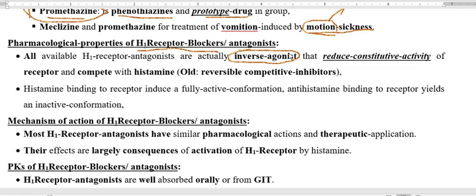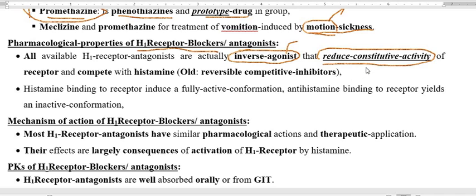It produces an action just opposite of the agonist. The agonist produces a physiological function by activating the receptor, whereas an inverse agonist inhibits the activation of the receptor, and you can say reduces constitutive activity.